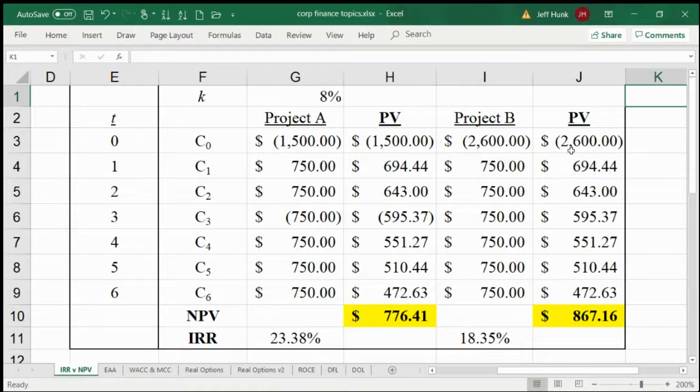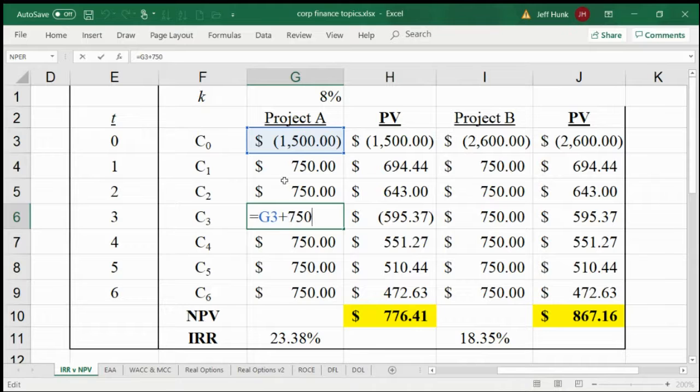I'll put the borderline later. But let's see. K, the cost of capital, is 8%. In project A, that's the initial cash flow, the initial investment or cash outflow, 750, and then in year 3 there is 750. But because you are replicating the project, there will have to be another cash outflow of 1.5 million, and then 750 in year 3, so that's negative 750.